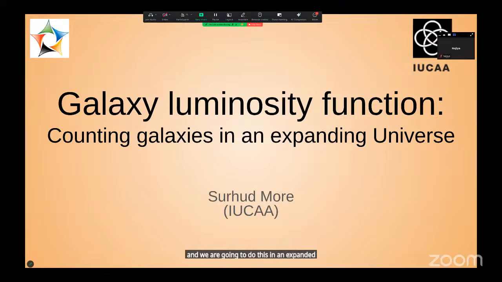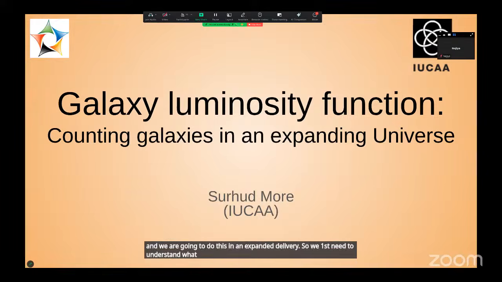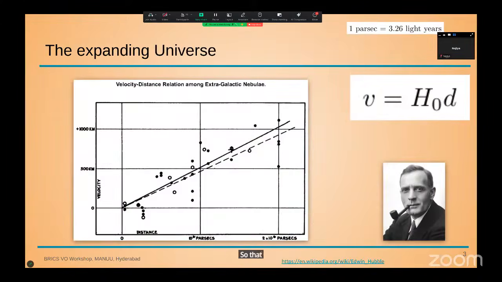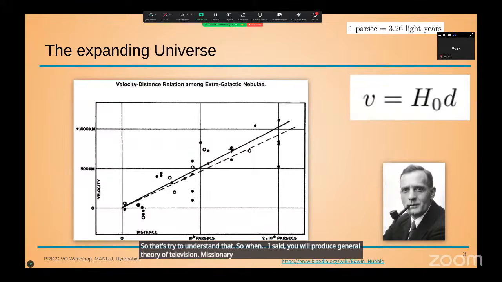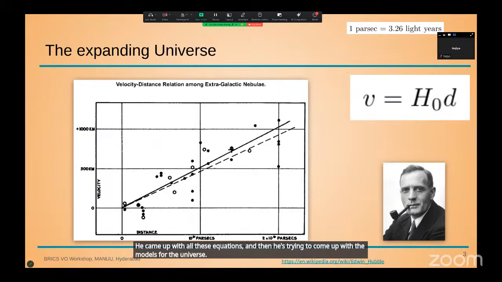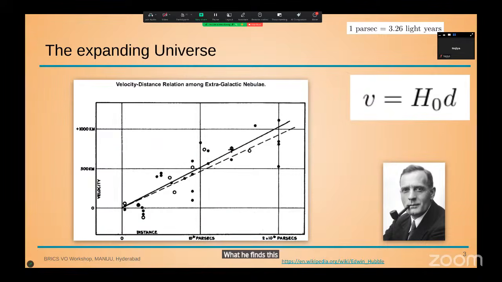So we first need to understand what we mean exactly by an expanding universe. When Einstein came up with the general theory of relativity, initially he thought that the universe must be static, because until then, everyone used to believe that the universe was static. But he came up with all these equations, and when he tried to build a model for the universe, his model always showed that the universe is either expanding or contracting.